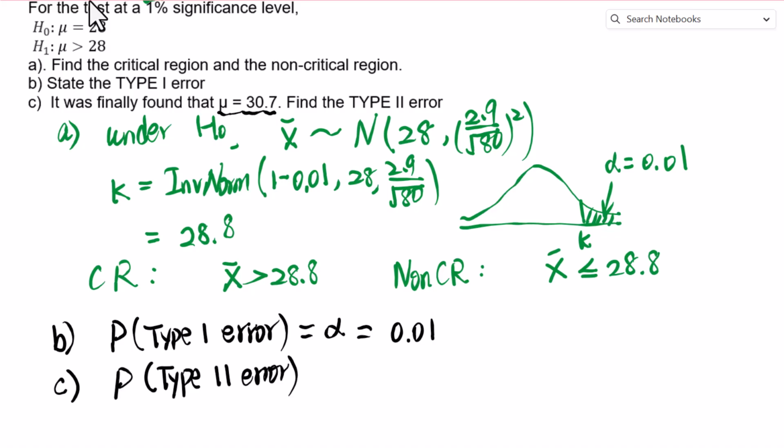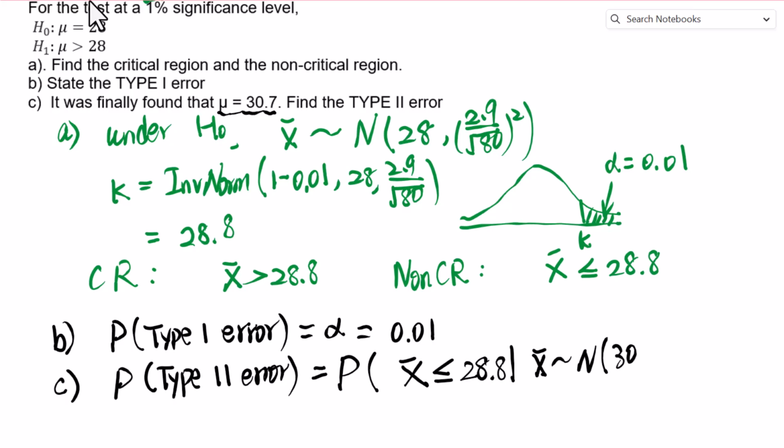Probability of type 2 error equals probability of non-critical region x bar less than or equal to 28.8, given x bar follows normal distribution with the new mean 30.7, standard deviation 2.9 over square root 80.